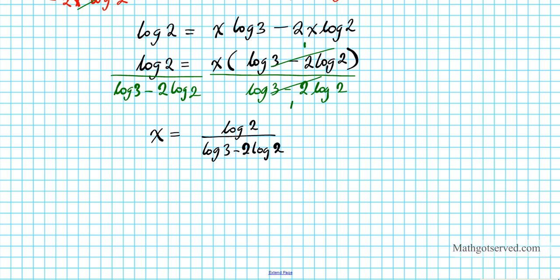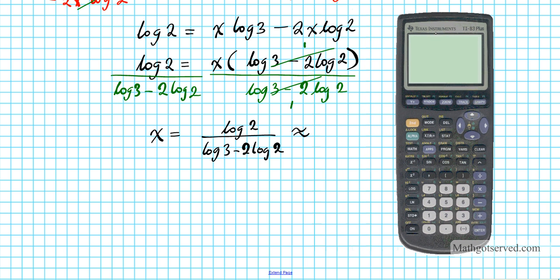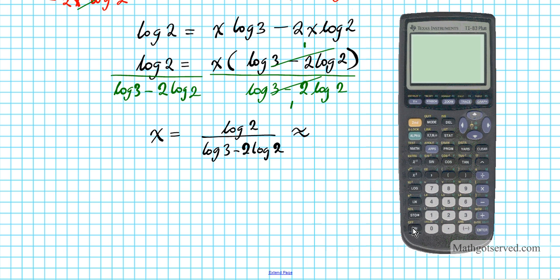So that's the exact form of the answer, but the instructions require us to express our results in approximate form. So we're going to put that into a calculator and see what the approximate value of that expression is. I'm going to go log 2 divided by, and since we have multiple terms in the denominator, we have to group them in parentheses: parentheses, log 3 minus 2 log 2.